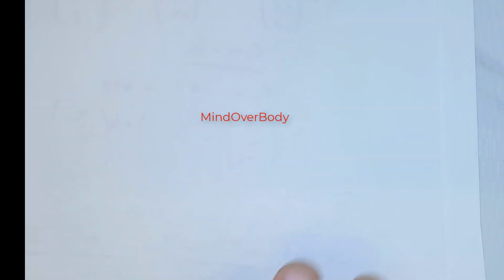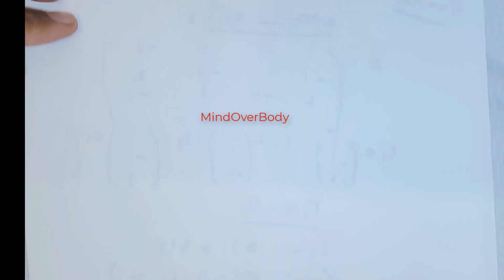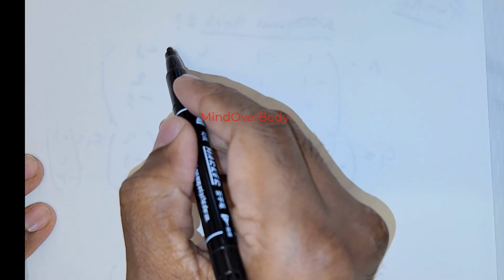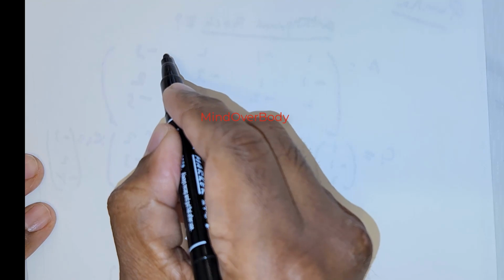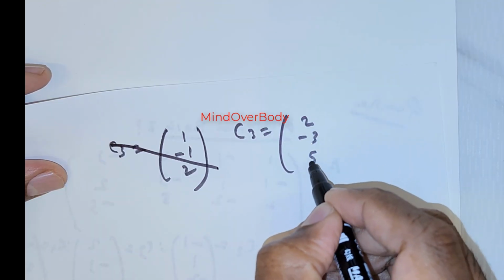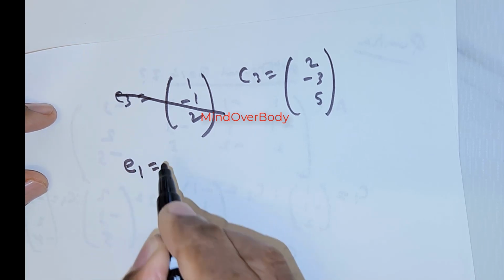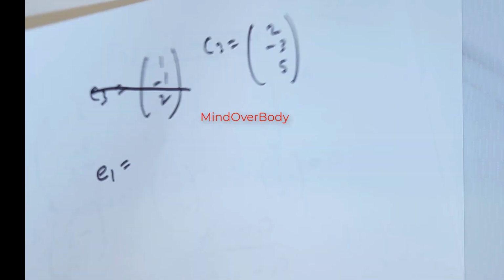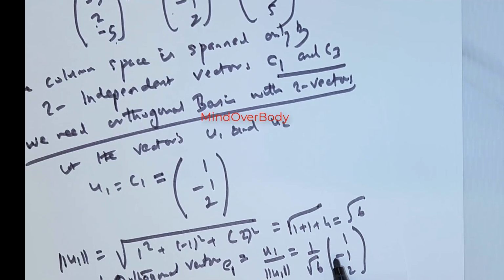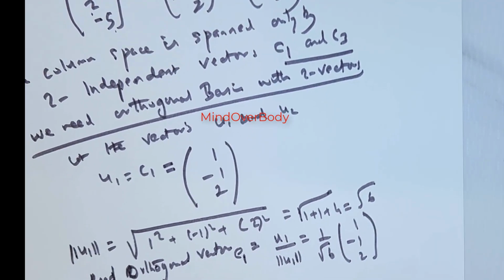Moving on, let's go to the next page. Now we have this C3, and E1 is 1 over root 6 times 1, negative 1 and 2.